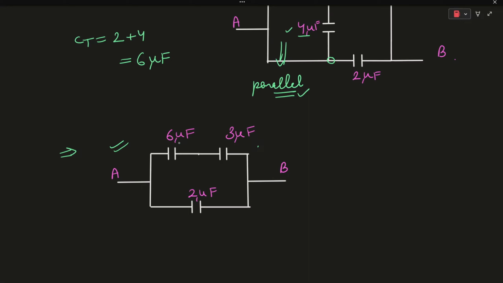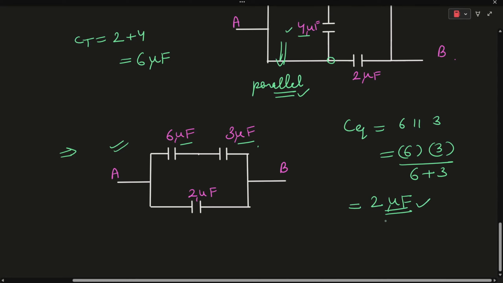As you can see, these two capacitors, 6 microfarad and 3 microfarad, are both connected in series. The equivalent capacitance will be 6 into 3 over 6 plus 3, which is coming out to be 2 microfarad. And this 2 microfarad is in parallel with this 2 microfarad capacitor.